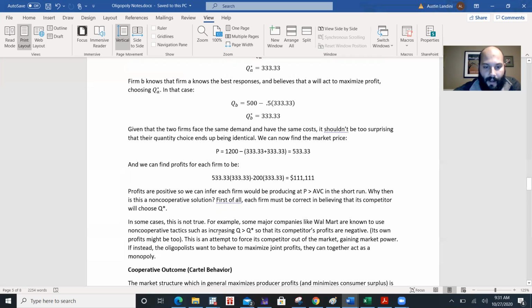So why is this a non-cooperative solution? Well, first of all, each firm must be correct in believing that its competitor will choose Q star. And in some cases, that's not true. For example, companies like Walmart have caught some flack before for increasing their quantity above this level so that competitors' profits are negative to drive them out of the market.